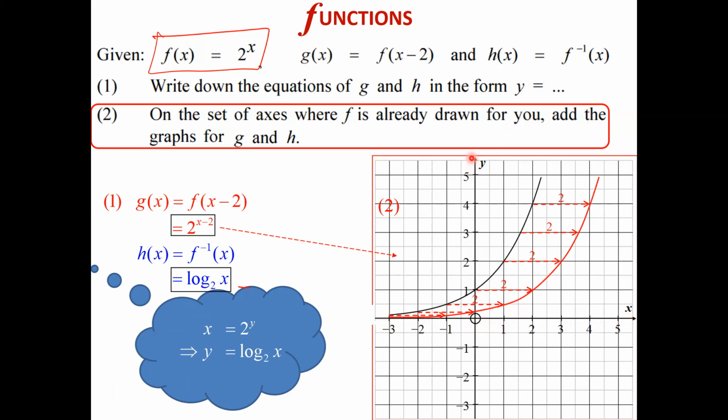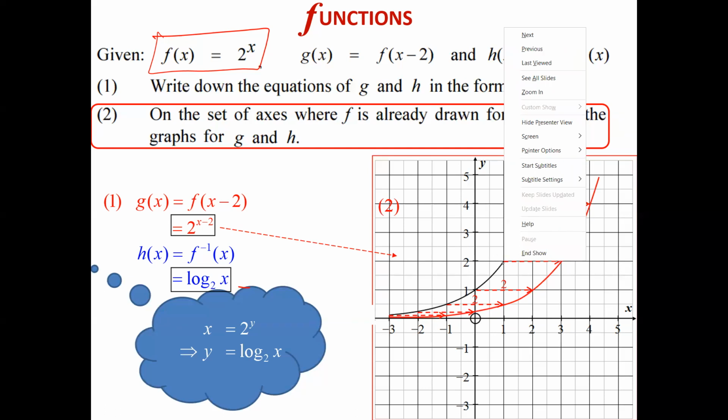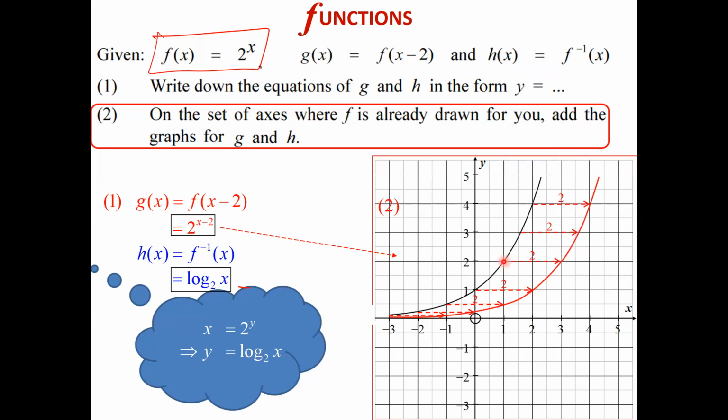So the inverse will have the y-axis as your asymptote. And you can pick any point. If we look at this point (1, 2) on the black graph, on the inverse that point becomes (2, 1). And there we have our inverse. Remember, your inverse is a reflection on the line y equals x.